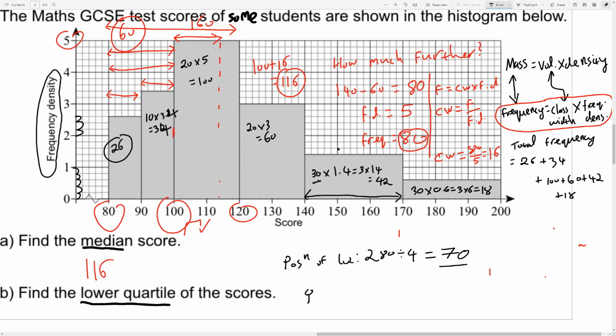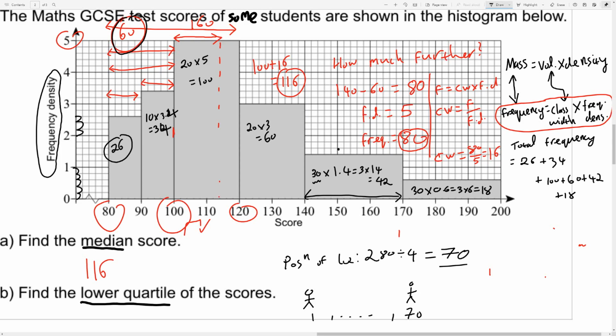So I want to put all my people in order of their scores. But this time, I want to find where the 70th person is. And again, let's look at our frequencies. The first 26 people have scores between 80 and 90. The first 60 people have scores between 80 and 100.